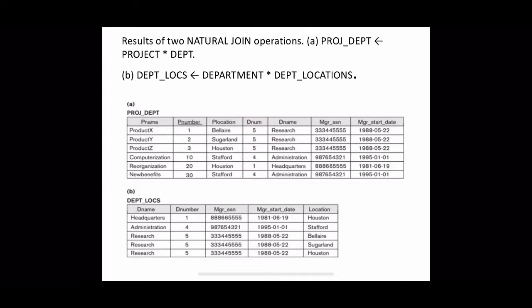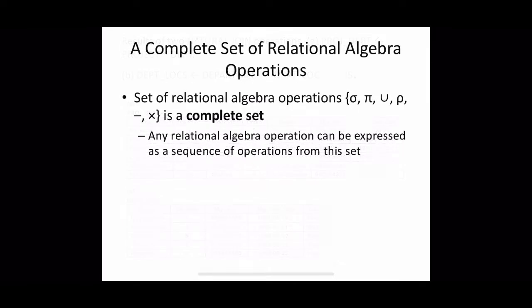Like that, another join operation is done for departments and locations. Now the set of relational algebra operations sigma, pi, union, rho, minus and join can be called a complete set, because any of the other original relational algebra operations can be expressed as a sequence of operations from this list.